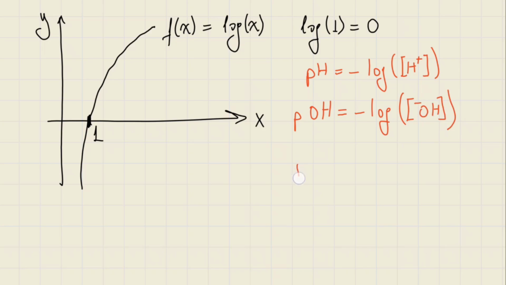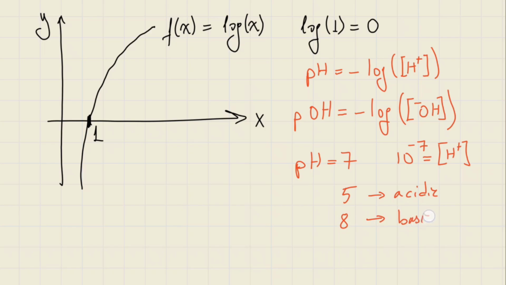So if the pH is 7, it means that the hydrogen ion concentration is 10 to the minus 7. And it is a neutral solution. But if pH becomes 5, for instance, then it is acidic. And if it is 8 or a higher value than 7, it's a basic solution.